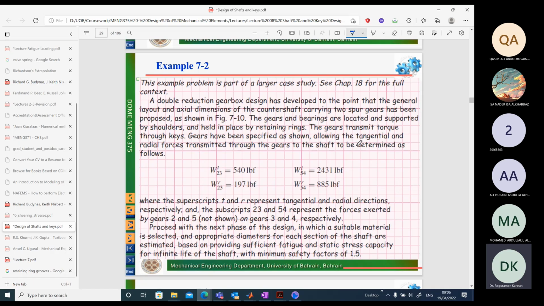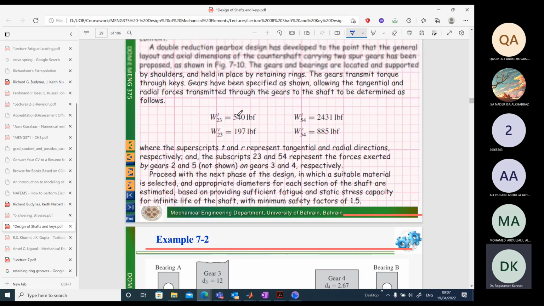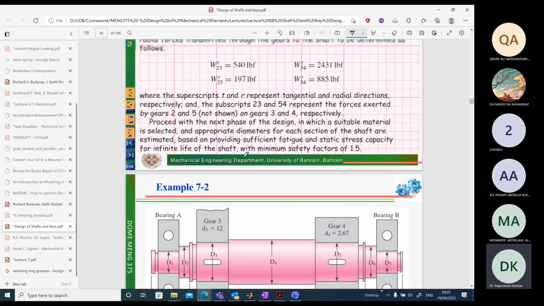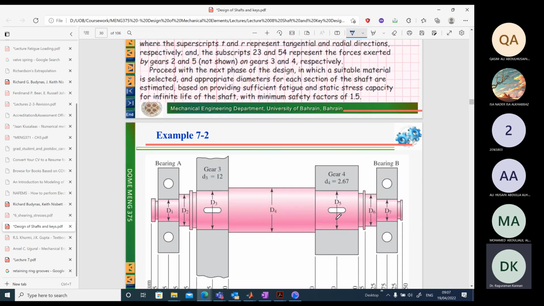What you have here is the tangential load. There is a gear 2 over here, and there is a gear 5 over here. Between 2 and 3, there is a transmission of load, and because of this load, you have the tangential load and the radial load on gear 3. Similarly, you have the tangential and radial load on gear 4.